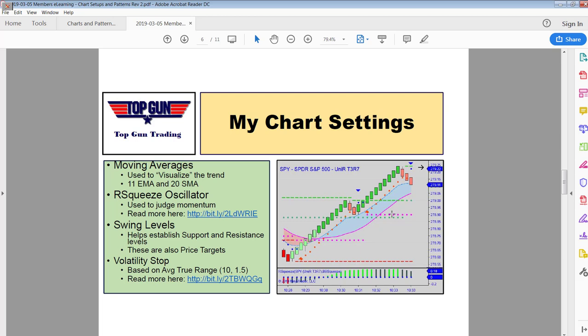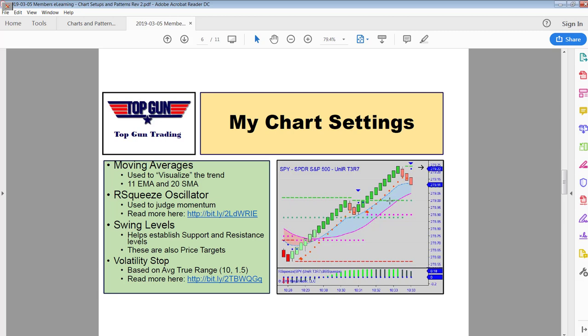And if you use the 11, which I've got here, you noticed a couple of things. You see the difference here once the faster moving average crosses above the slower moving average.